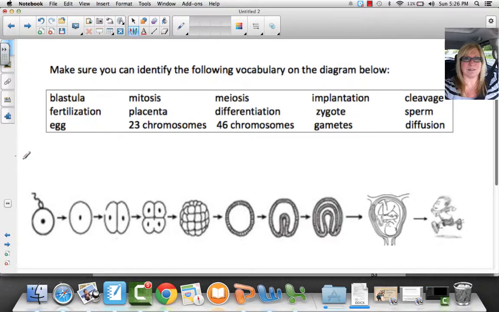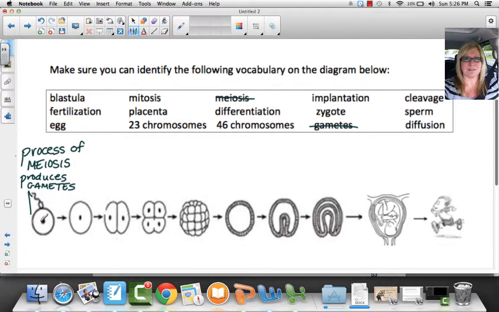First of all, we know that the process of meiosis, so we're going to cross that out, produces both these things, gametes. Is that up here? Yep.